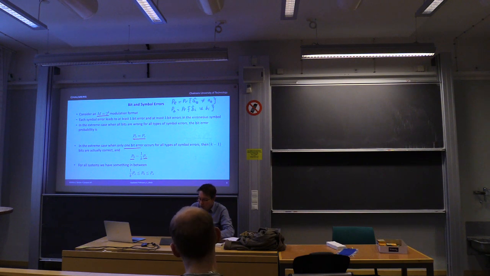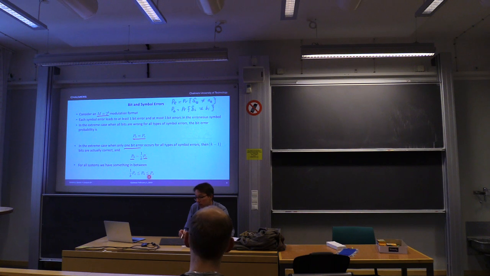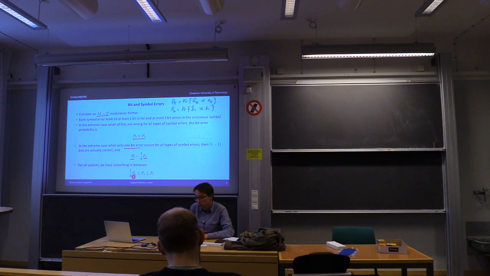Okay, so in general, we have something which is in between these two extreme cases. So the bit error probability is always less or equal to the symbol error probability. It cannot be higher, but it can certainly be lower. And it's bounded from below by 1 over k times the symbol error probability. So it cannot be arbitrarily low, because it's bounded from below here also.